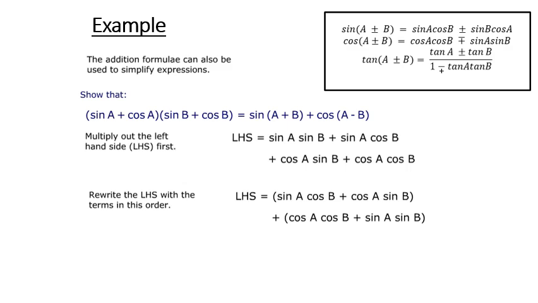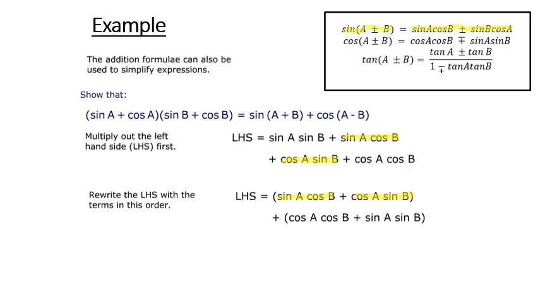Now the next thing that you could do, this step is optional but it could be helpful, is to reorder those terms. So if we put the sine A cos B next to cos A sine B, then we can spot that that is the yellow formula that I've just highlighted from the top.